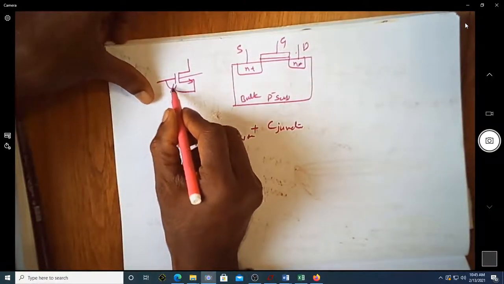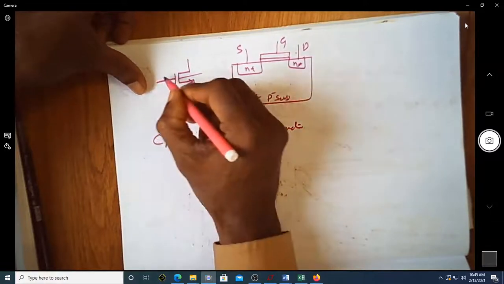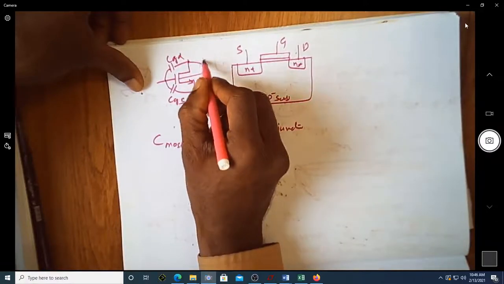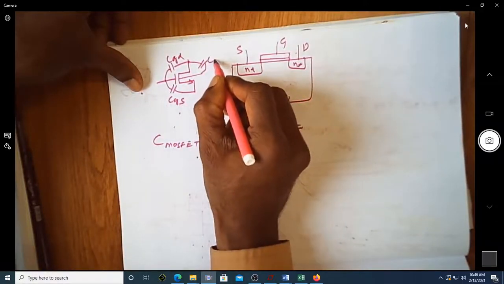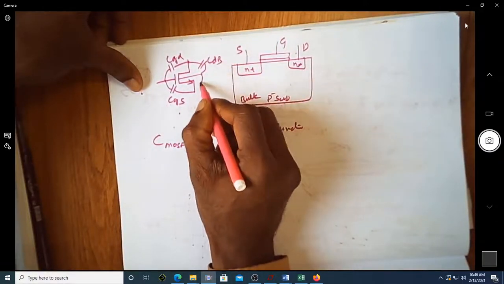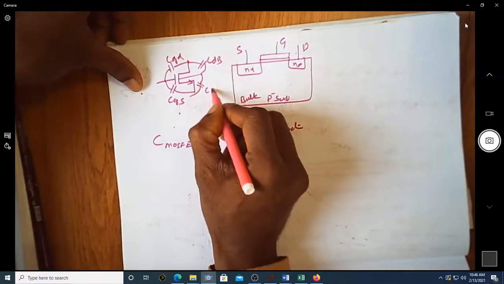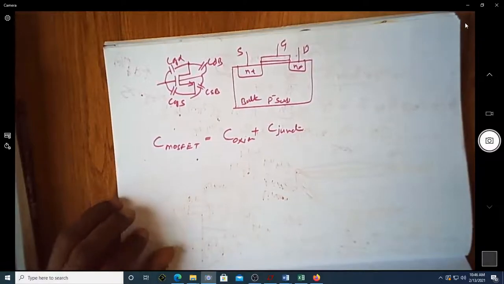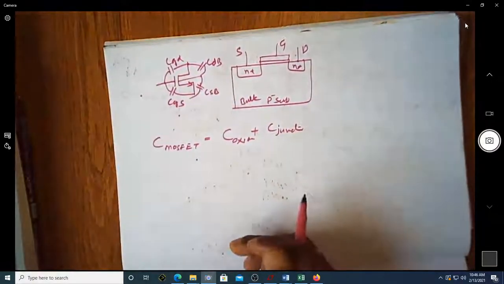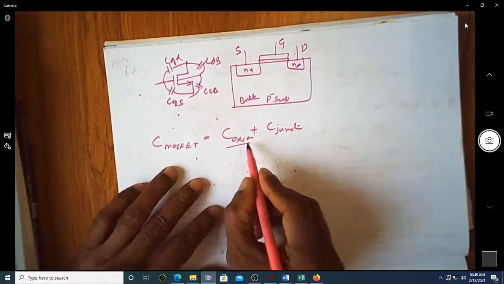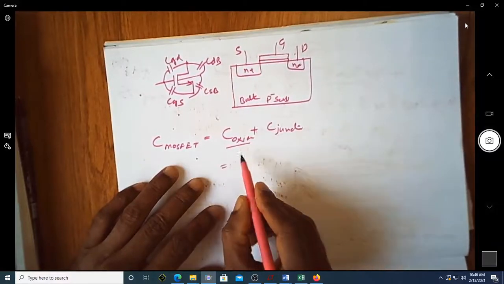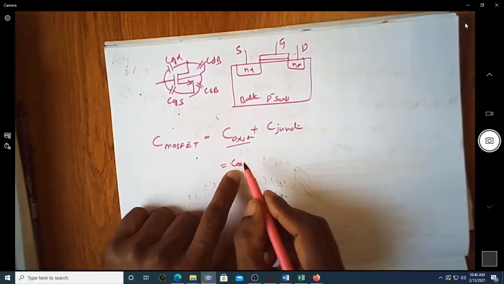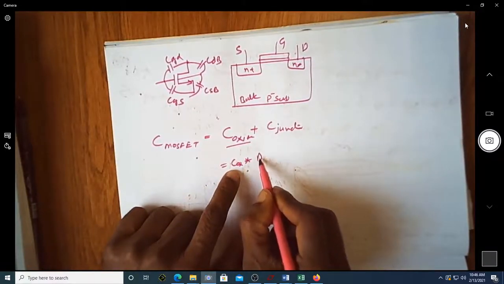Here you have CGS, this is CGD, between drain and bulk you have CDB, and then you have CSB. These are the typical capacitances associated with this MOSFET. The capacitance due to oxide is given by Cox, the per unit area capacitance, multiplied by the area.